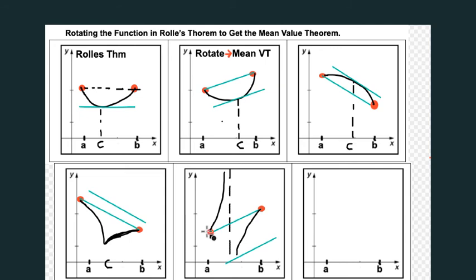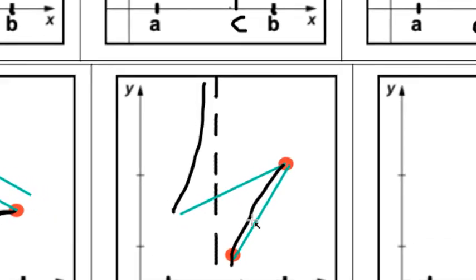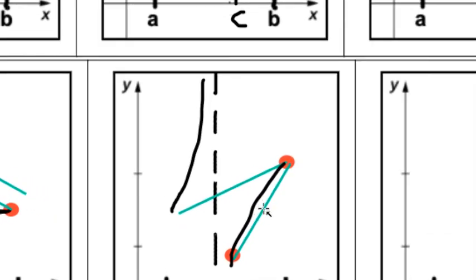Now having said that, and this is really important, if I moved a to right here, and I created a secant from here to here, I could definitely find a tangent with the same slope.